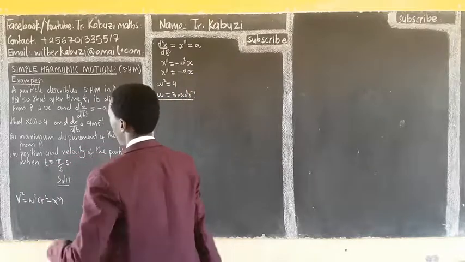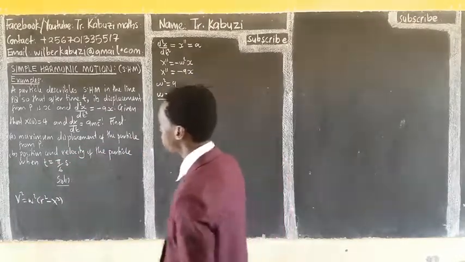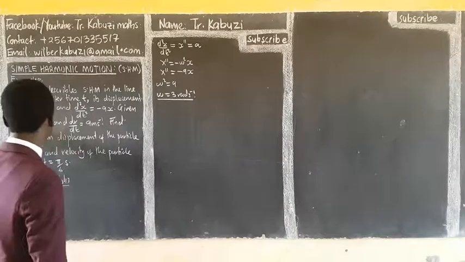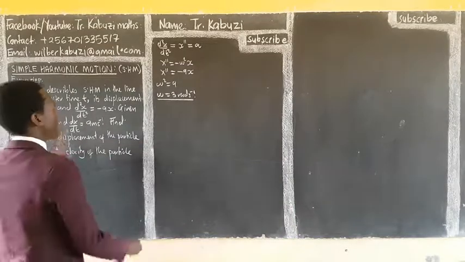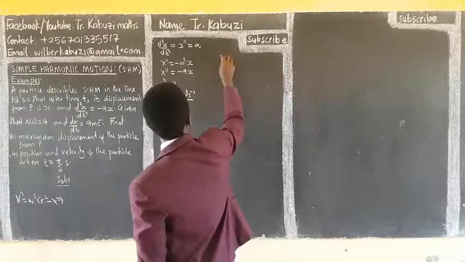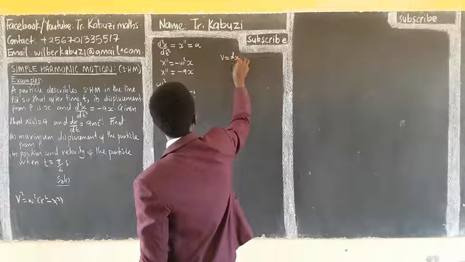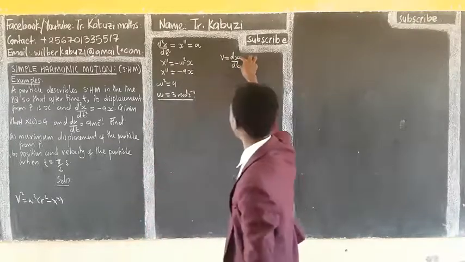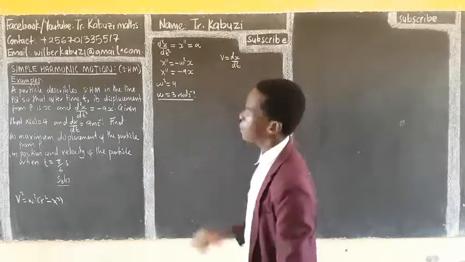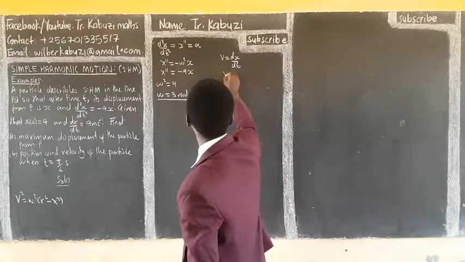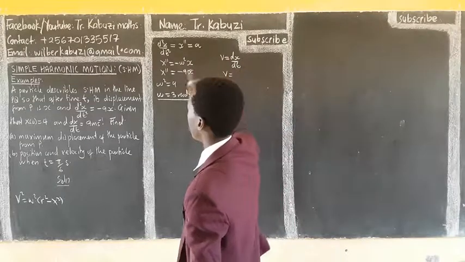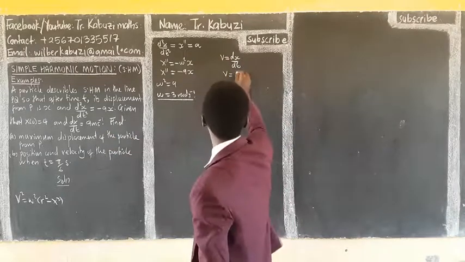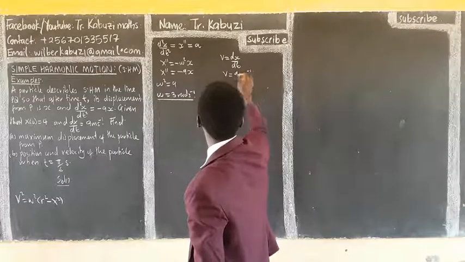So we have now the omega. Now, remember also that v is always equal to dx/dt. When you differentiate displacement with respect to time, you get v. So now here they are telling us that this is equal to 9 meters per second.